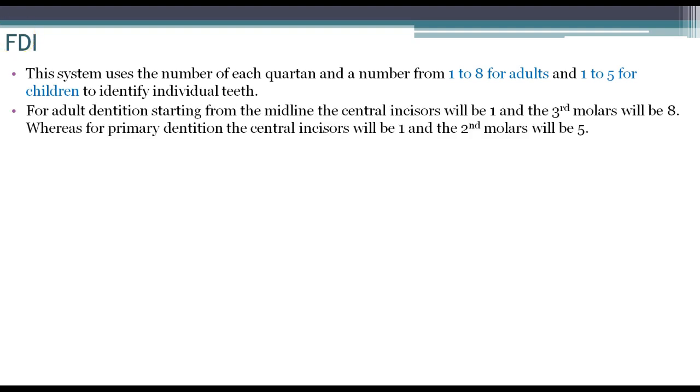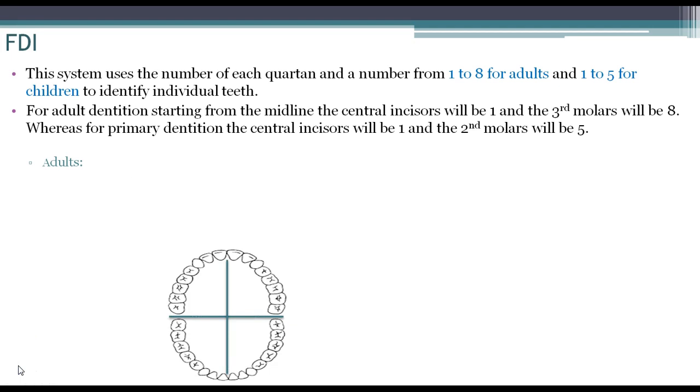For adult dentition, starting from the midline, the central incisor will be number 1, and the third molar, your wisdom tooth all the way in the back, will be number 8. For primary dentition, the central incisor will be 1 and the second molar will be number 5.